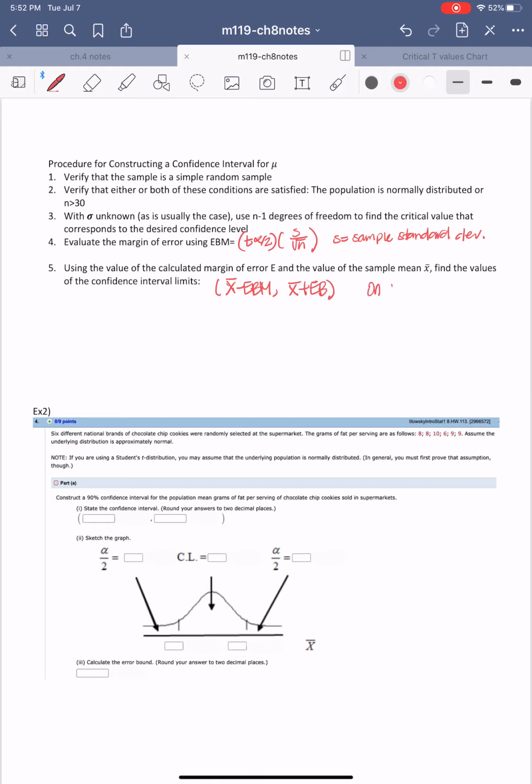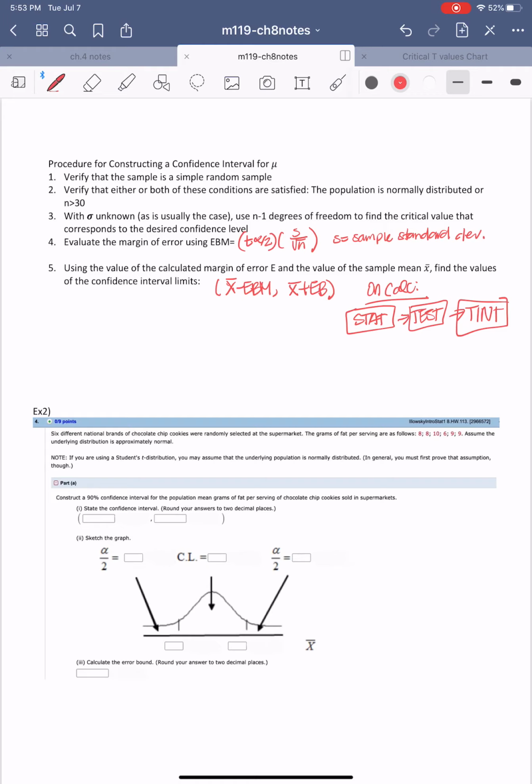On the calculator, the name looks really similar. Remember the name was zint? Now it's tint. Stat, test, and we are going to go into tint. Okay.